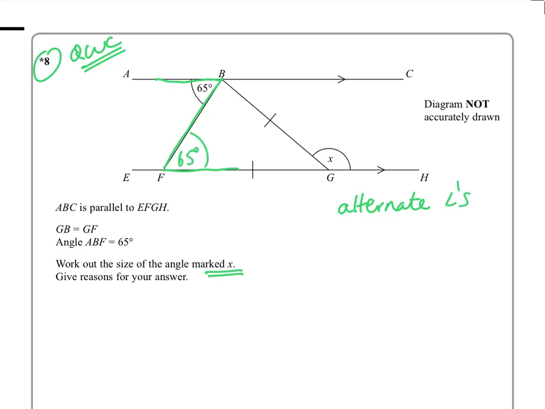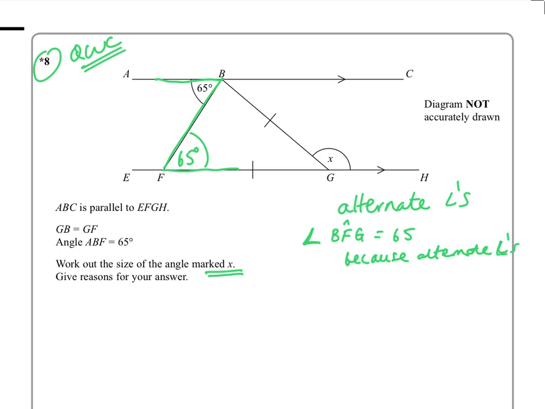So I would say angle BFG equals 65 because alternate angles, and I use this for this angle here. So that's the first thing to note.